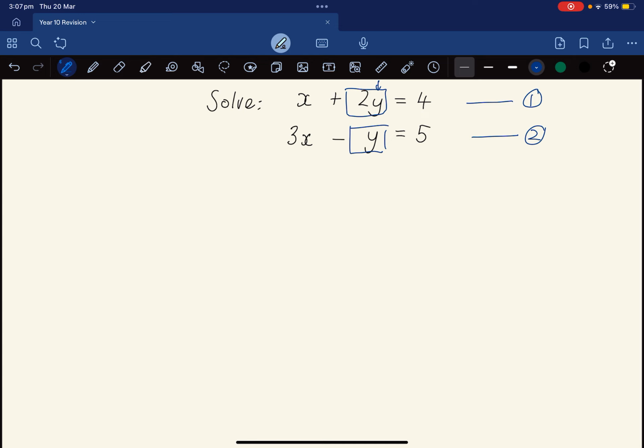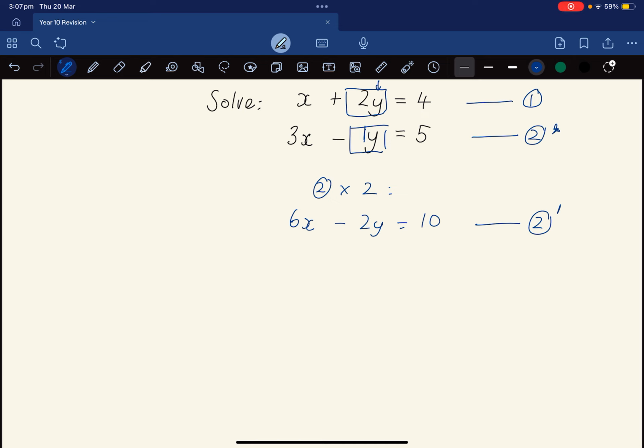So I'm going to work with my nice 1y here, and I'm going to say equation 2 times 2. 3x times 2, 6x. Negative 1y times 2, negative 2y. 5 times 2, 10. I'm going to call that 2 dash because I've just adjusted equation 2.